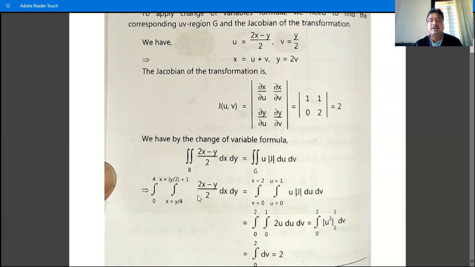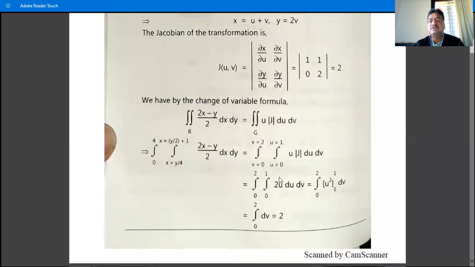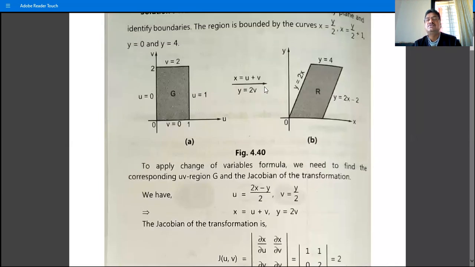So the value is 2. And now the limits. This is the given integration, and that is equal to the double integration over... u runs from and v runs from... here u is 0 to 1. How can you draw this? This figure is converted to this figure. Here x is u plus v.